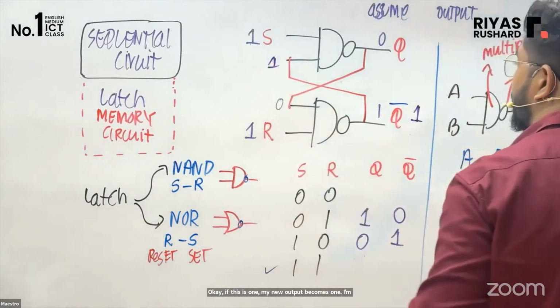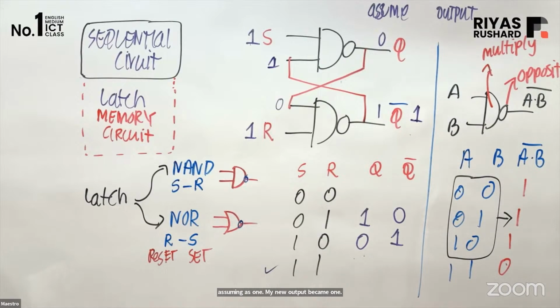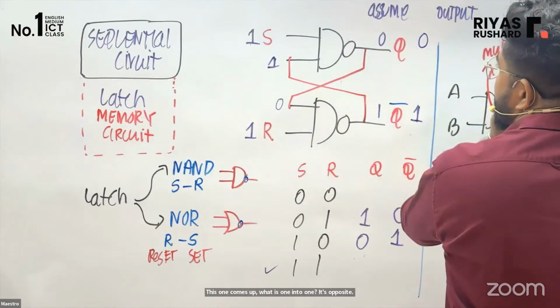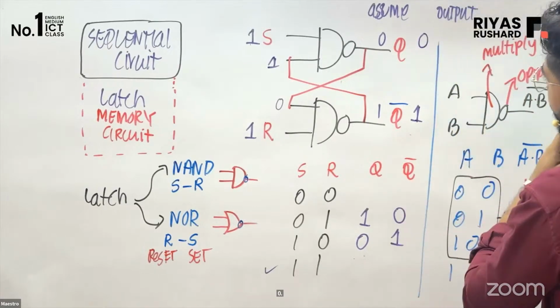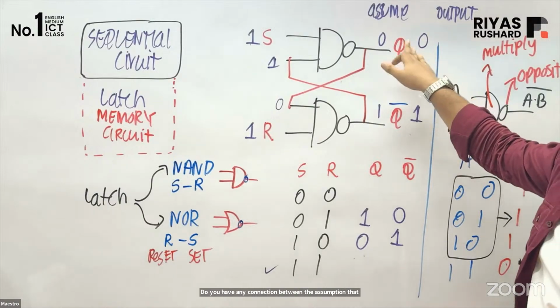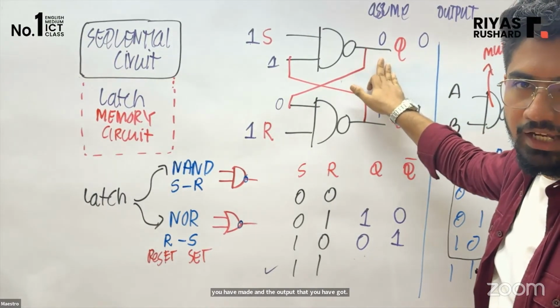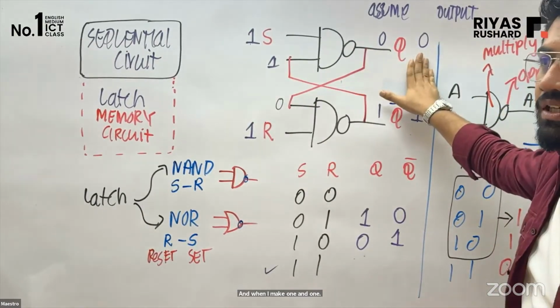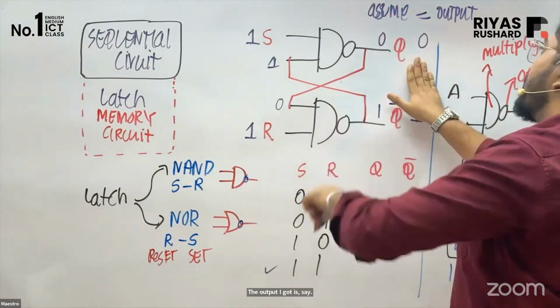This one comes up. What is 1 into 1? Its opposite, 0. Is there a connection between the assumption that you made and the output that you got? This was the assumption I made, and when I make 1 and 1, the output I got is the same. Meaning the assumption became the output.